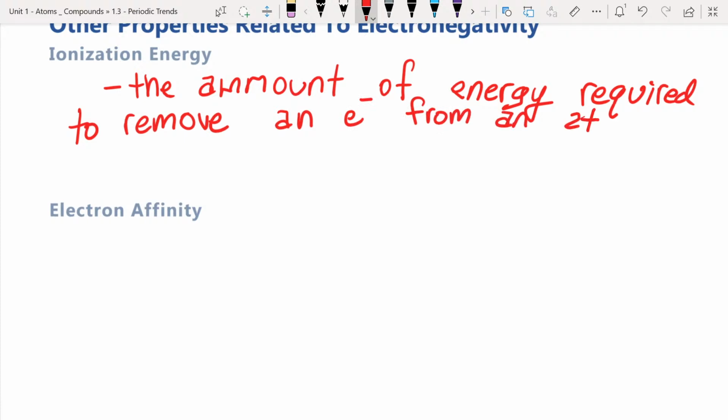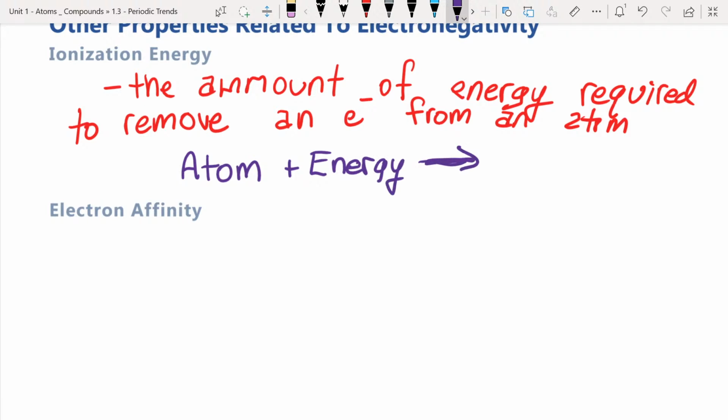In other words, if I have an atom and I add energy, I can then get that electron free.